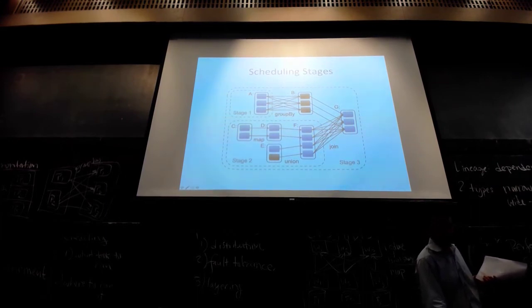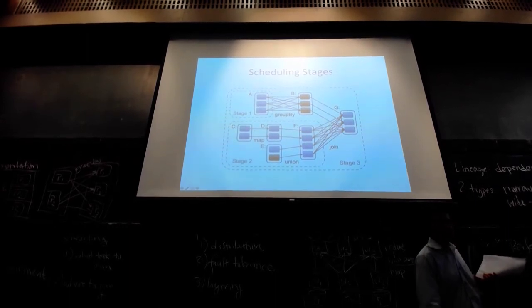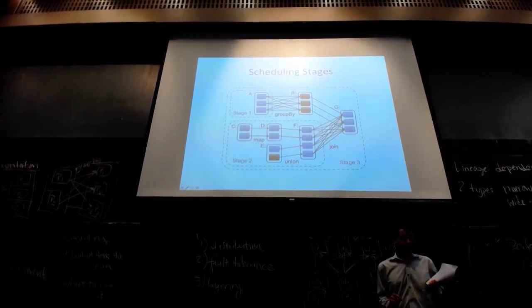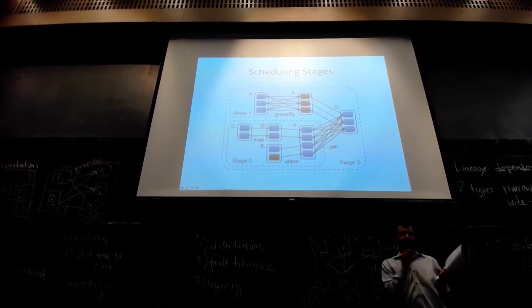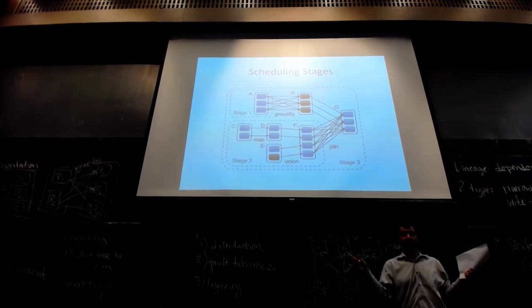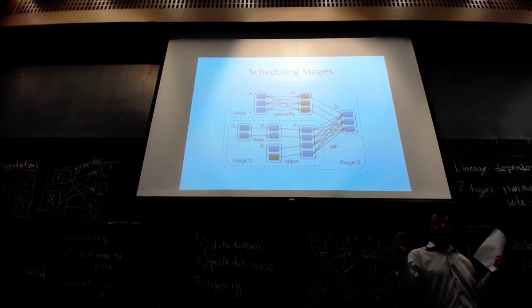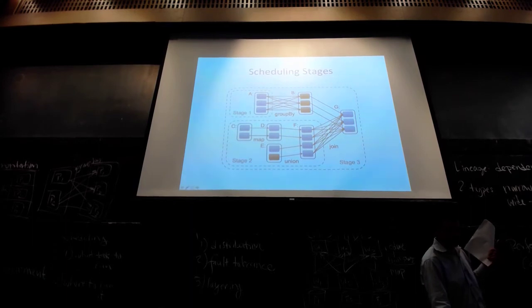To recompute this first entry of F, I need to recompute this first entry of D, and then I need to recompute this first entry of C. The reason they put all these things together into one stage is that this is an example of a group of operations that can all be pipelined together. So we're going to run one sequence of operations that does this map, followed by whatever this unlabeled line is, a union or a map or something, and then run this union.